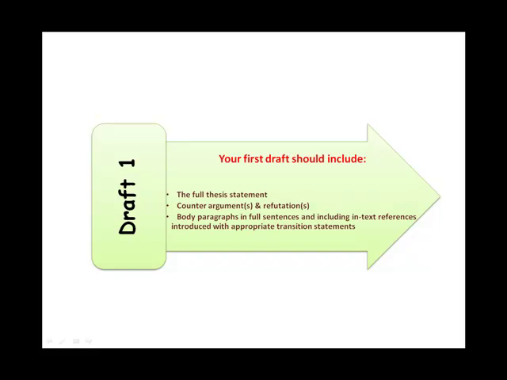So this will mean that your first body paragraph will be a counter-argument and refutation paragraph. And then the next body paragraphs will be in full sentences, and they will be expanding on your scope points, and they should include in-text references introduced with the appropriate transition statements, which your lecturers will teach you at some stage.